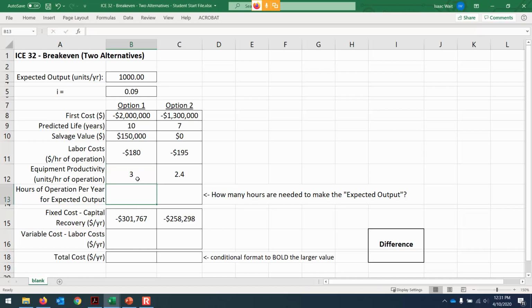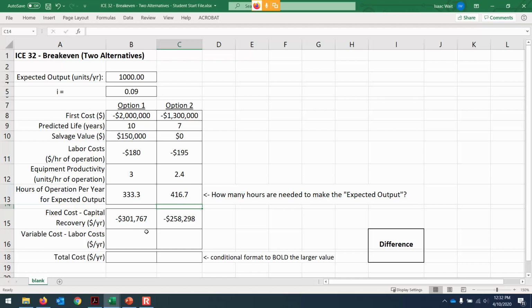It is 1,000 units divided by 3 units per hour. It's going to take 333.3 hours. Whereas this one is going to take more time because it has a lower productivity. You can only make 2.4 in an hour, which means it takes you 416.7 hours to do that.